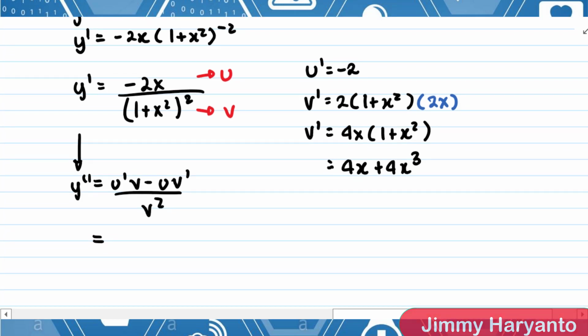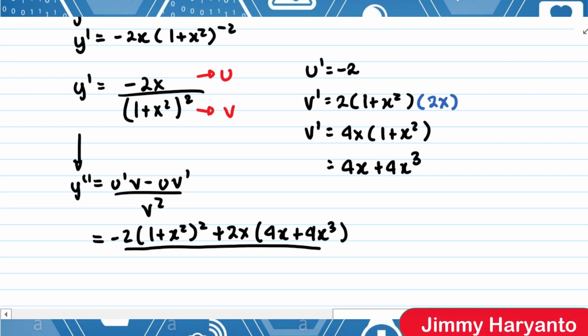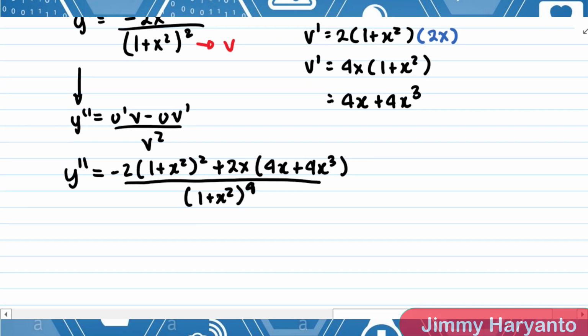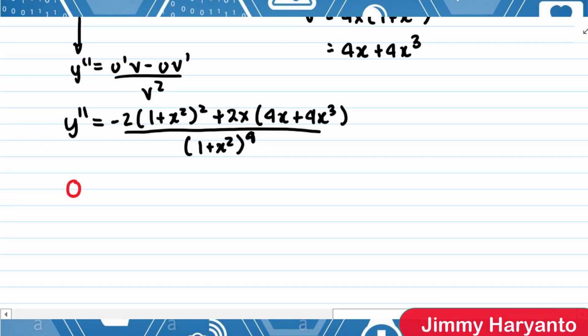So the u accent will be negative 2 times the v, which is 1 plus x squared, minus u, which is negative 2x, that means plus 2x, times the v accent. The v accent is 4x plus 4x cubed, over the v squared, (1 plus x squared) to the power of 4. This one is y double accent, and we have to make it into 0.